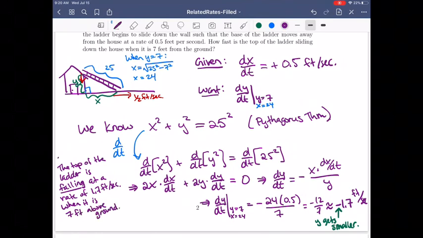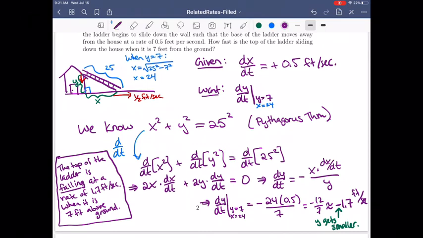Notice that we didn't need to know how tall the house was or how high the ladder was initially. All we need is that at some point it reaches 7 feet, so presumably the house is higher than 7 feet. So those are a few examples of solving related rates problems.